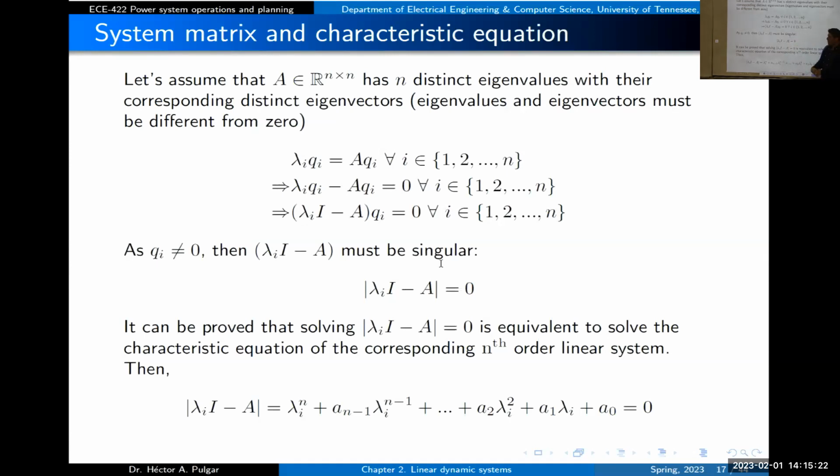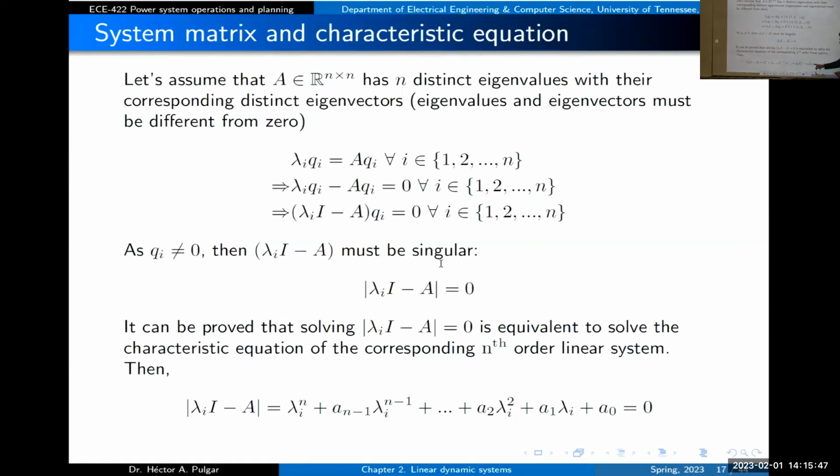So what I am saying here is that something that you studied before can now be expanded to any system without knowing that n-order differential equation. These are a set of linear differential equations. If you solve this, you will get the characteristic equation. Yeah? So to find that eigenvalue, we need to solve this for any system.